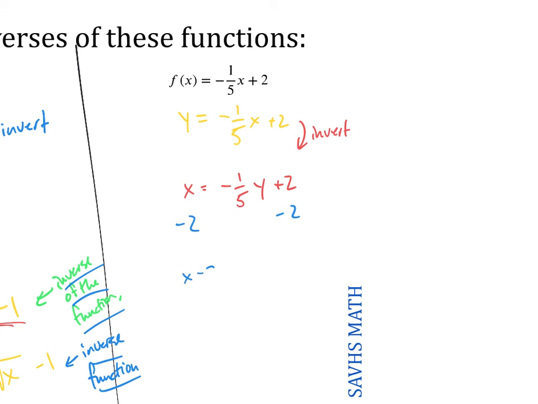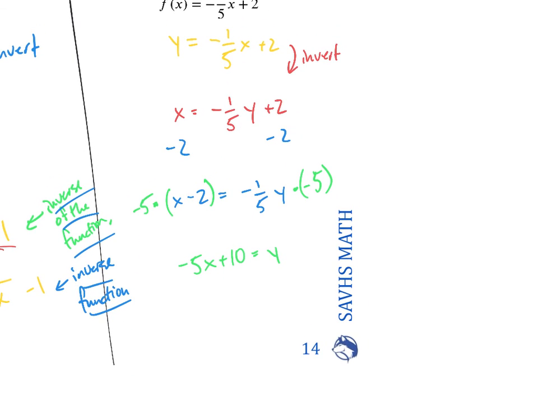We have x minus 2 equals negative 1/5 y. And then we need to multiply by negative 5 on both sides. Okay, so now we get negative 5x plus 10 equals y. And what are we left with? Okay, so y is equal to 10 minus 5x.